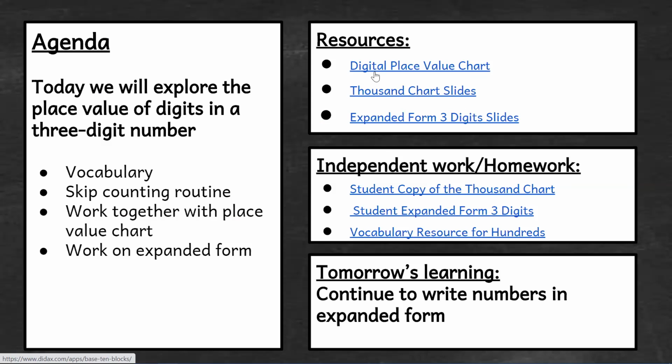In some of the resources, this is for you teachers here, but for students, homework, independent work, I have some independent work that I will link in your Google Classroom that you will have to complete after this lesson. And the student expanded form, you will see in the Google Classroom. And also I included some vocabulary resources for help and support. Tomorrow, we will continue writing numbers in expanded form.